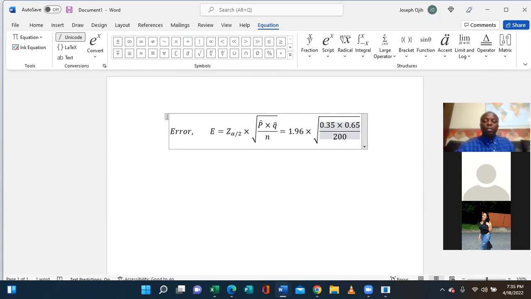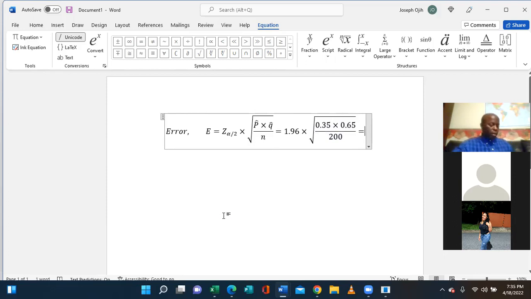So we can get this from our table, from our calculator. Write it down: square root of 0.35 times 0.65 over 200.